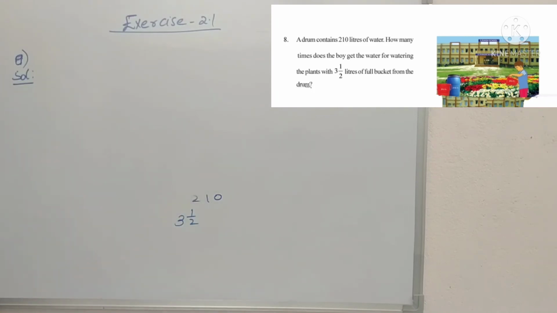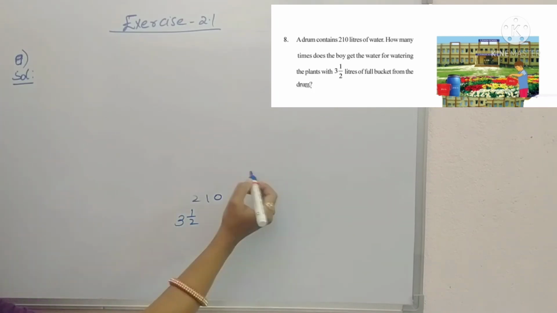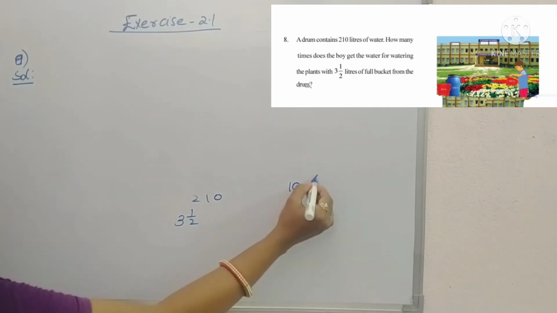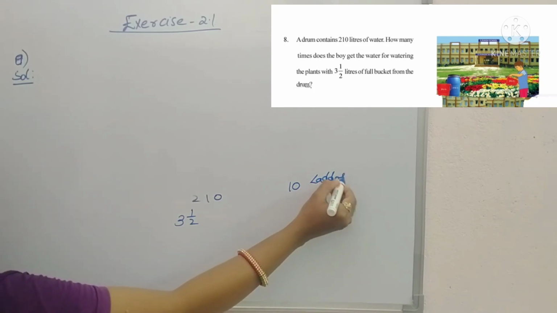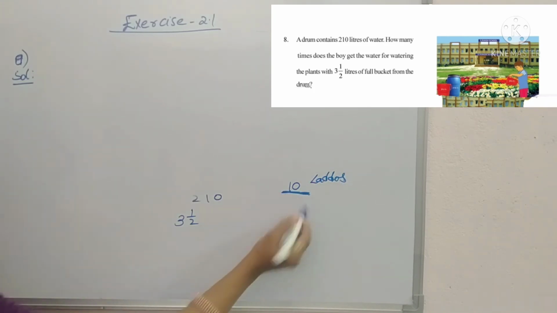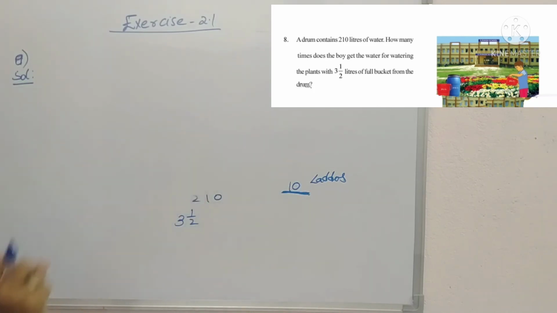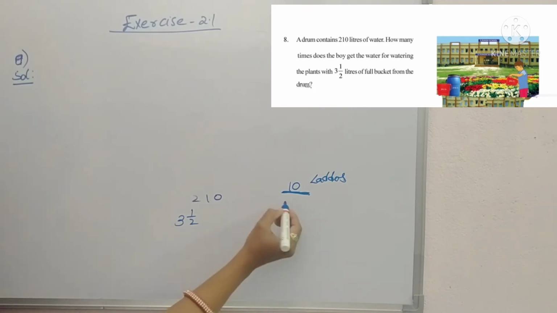For example, in your bag there are 10 laddus. Each time you put your hand in and take 2 laddus. In how many times will the laddus finish? 5 times, right? So that means division only. So here also, same, division only we will do.